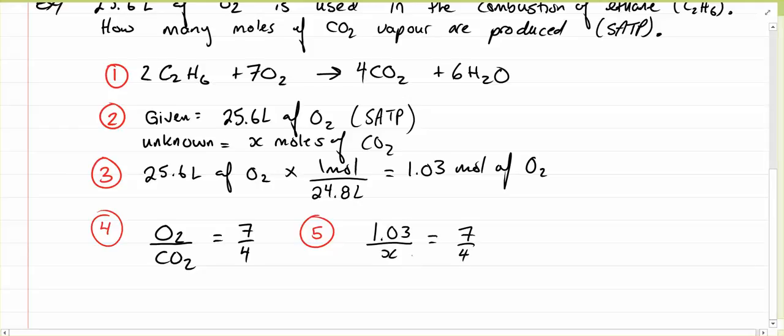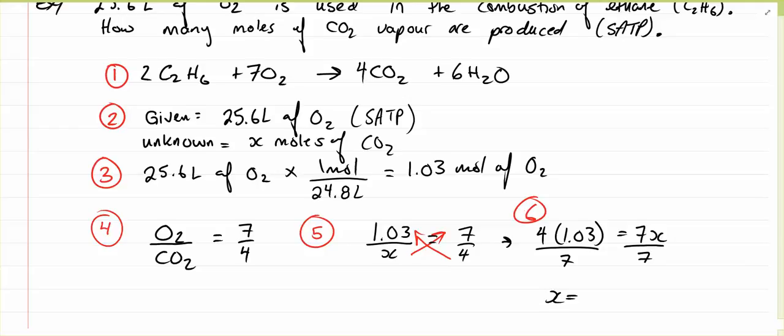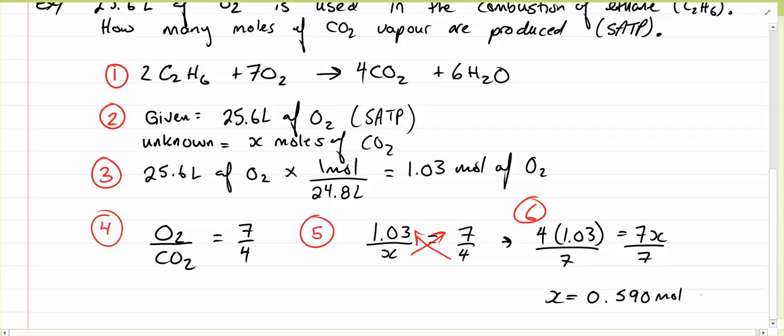We're going to do our cross multiplication step, and we're going to get 4 times 1.03 equals 7x. Divide each side by 7. So x will equal, this is step 6, our x will equal 0.590 moles of CO2.